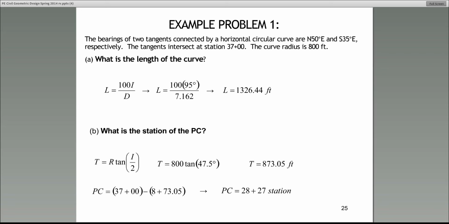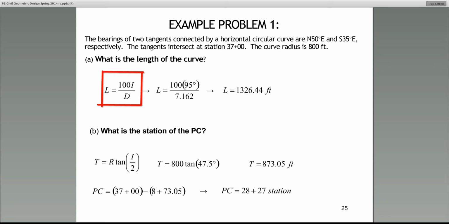I'm looking at slide 25. On slide 25, the equation that you picked should be L is equal to 100I over D.